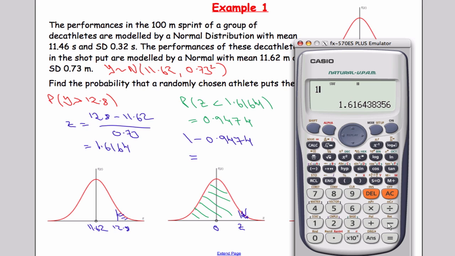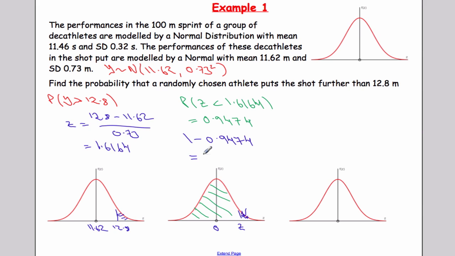So 1 minus 0.9474 is 0.0526. Okay, so that's part 2 taken care of.